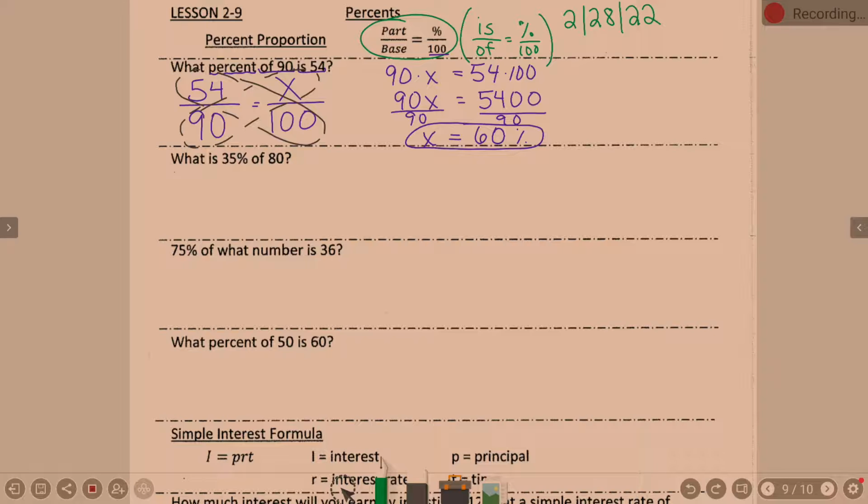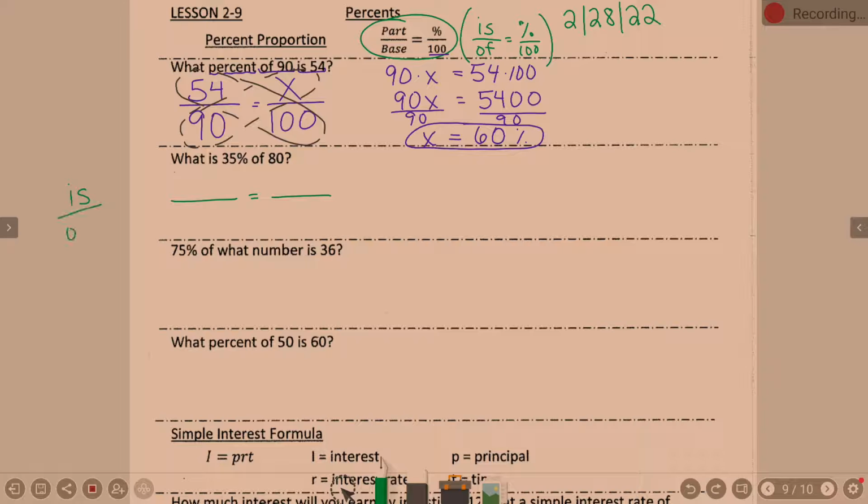The last one's going to be 100, and then it's going to be 35% over 80, I believe. Not quite. Well, 80 over 35. Okay, so if we go is over of equals percent over 100, right?